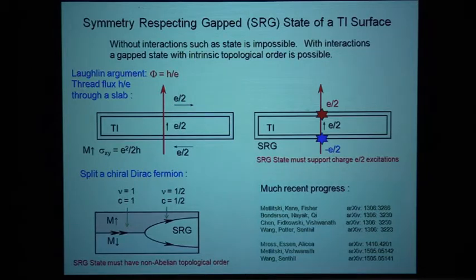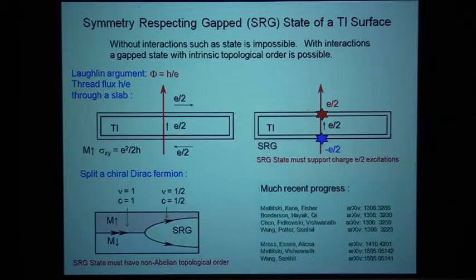Okay, and so this is actually a famous effect, sometimes called the Witten effect, which is that when you have a theta term, the theta term assigns charge to a magnetic monopole. Okay, and so basically the upshot of this is that when you do this flux threading, a charge e/2 is transferred from the bottom to the top.